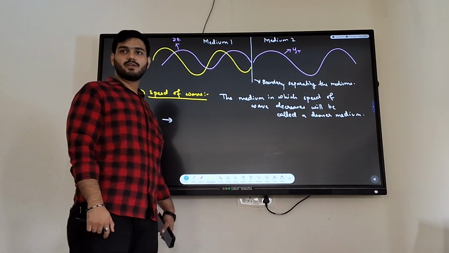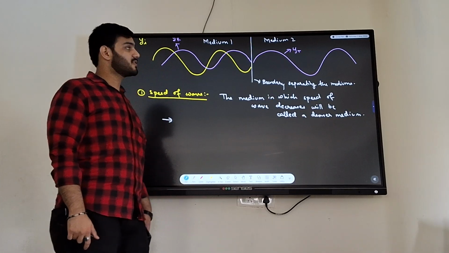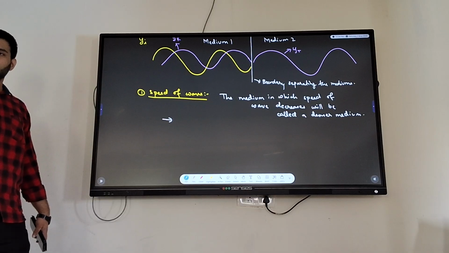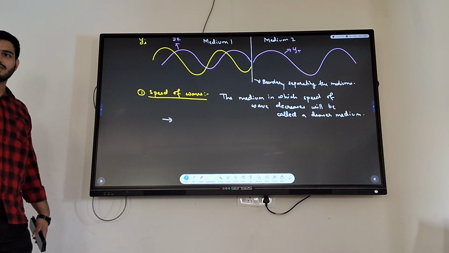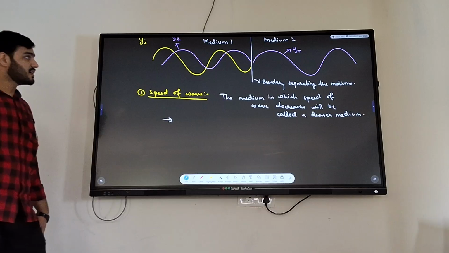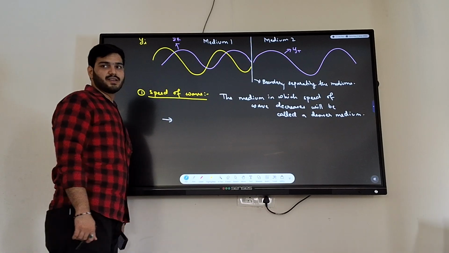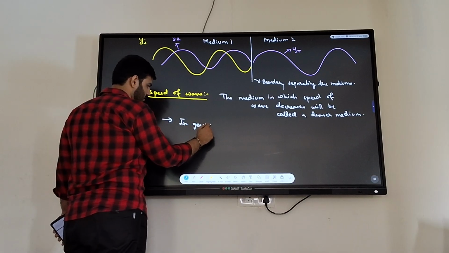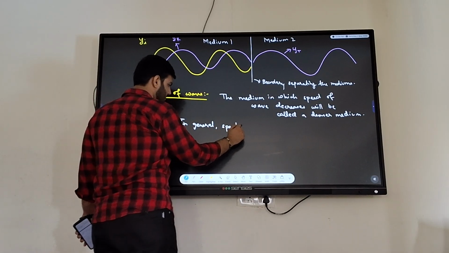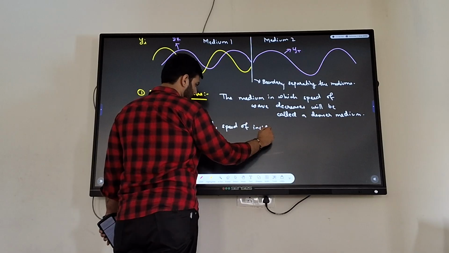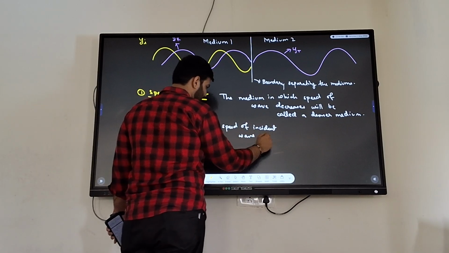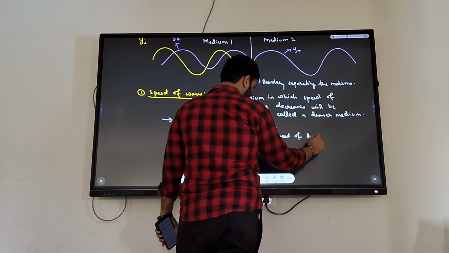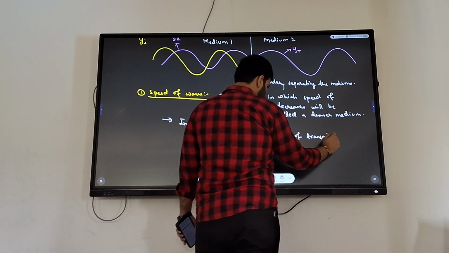Acha, what can you conclusively say about the speed of the transmitted wave and the incident wave? Will they be equal in general? No. You can't say, na? Vi is not equal to Vt in general. So, in general, speed of incident wave is not equal to speed of transmitted wave.